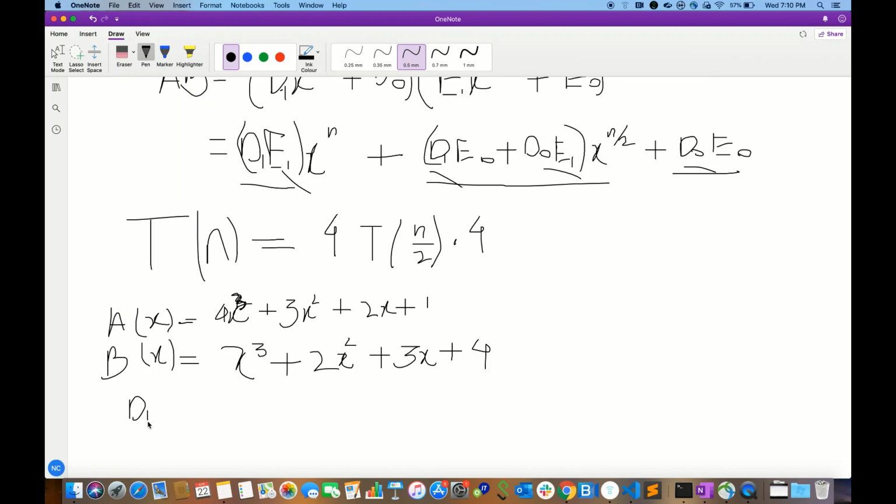and d1x would look something like 4x plus 3, and d0x will look something like 2x plus 1.